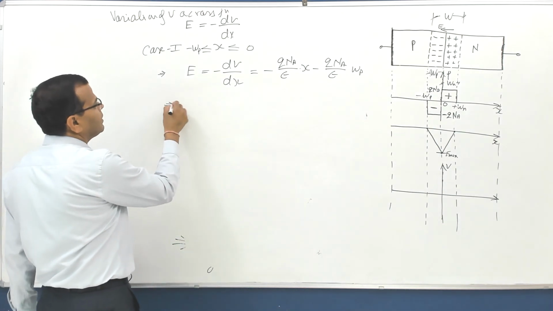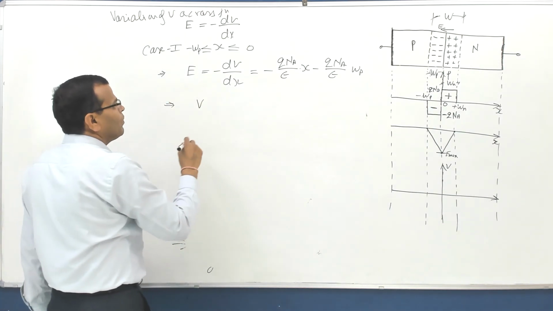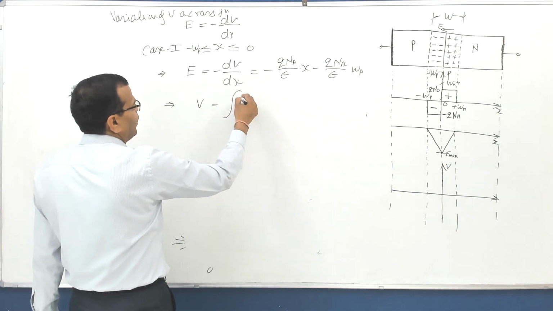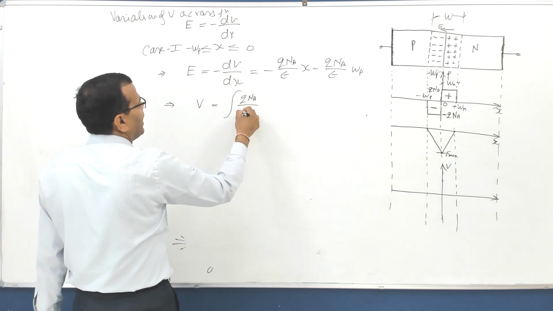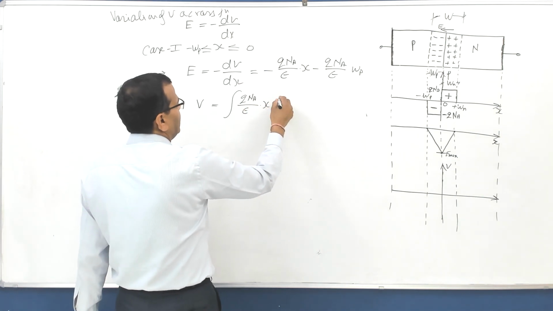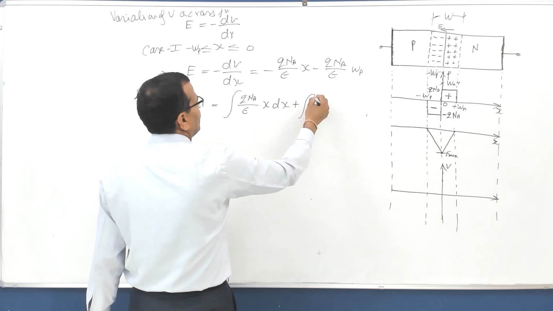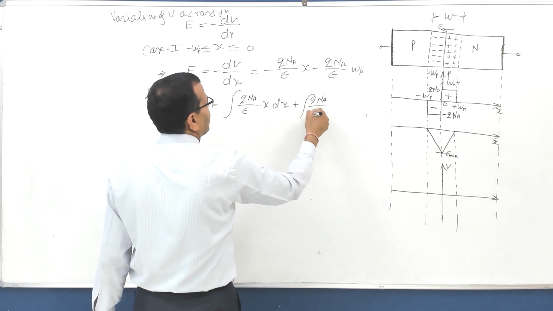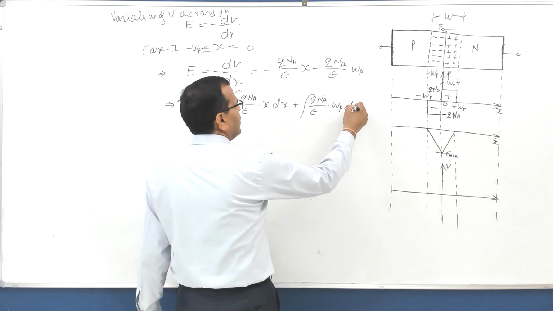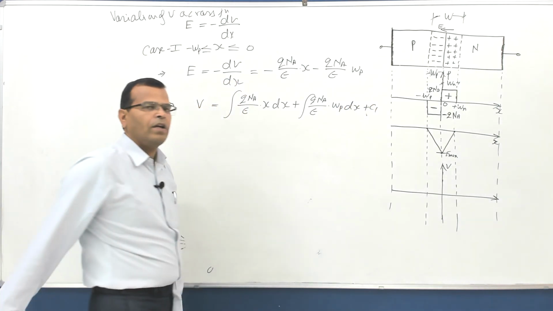So from here you get, minus minus get cancelled out, V equal to qNa by epsilon into x dx plus qNa by epsilon into Wp into dx plus some constant of integration.